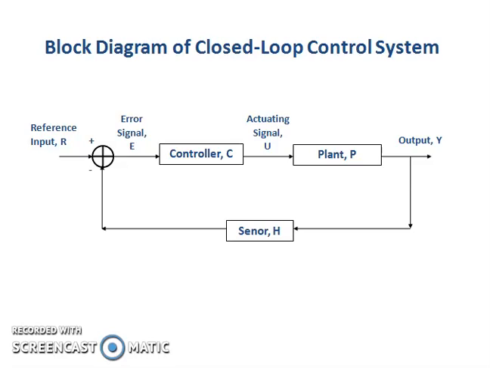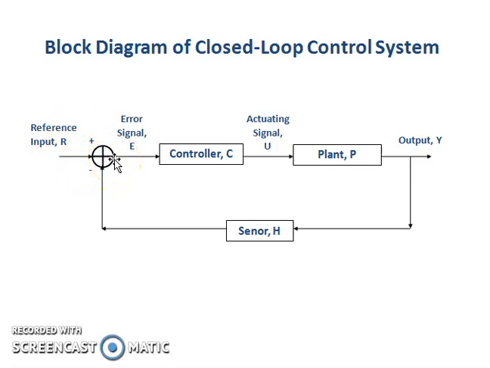Now, here is a block diagram of a closed loop control system. We have our plant, P, we have our controller, we have our sensor, and we have a reference input, which is our desired response. This is set and predetermined for the system. Then, with the measurement of the state or output of this plant through a sensor, that is compared with our desired response, which is the reference input.